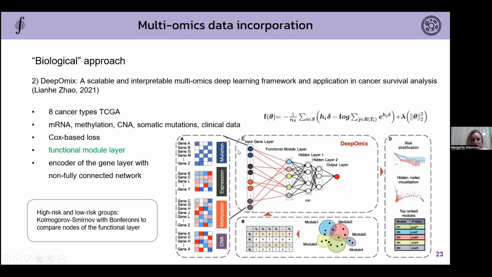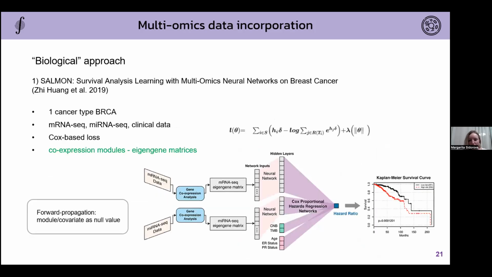What was the logic? The logic in the previous one, as you can see, was that all the omics data is not interconnected. The co-expression modules were computed for each type of omics data independently.